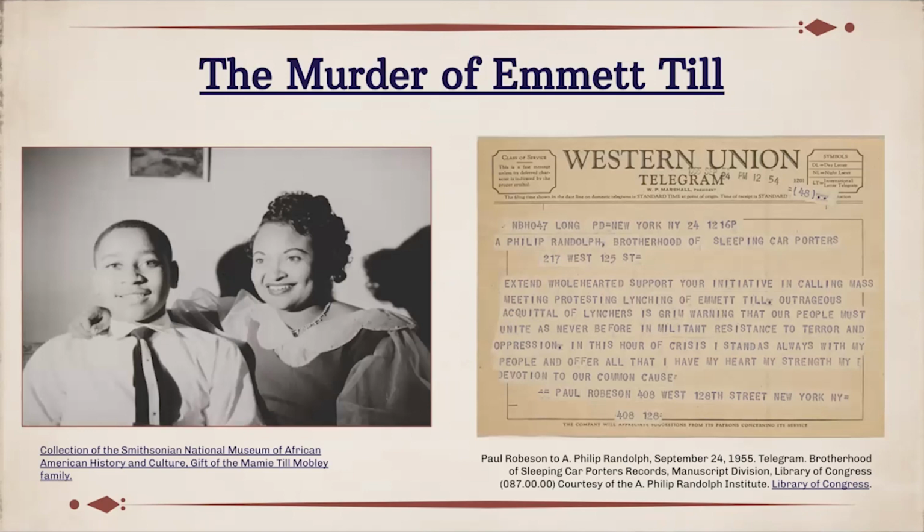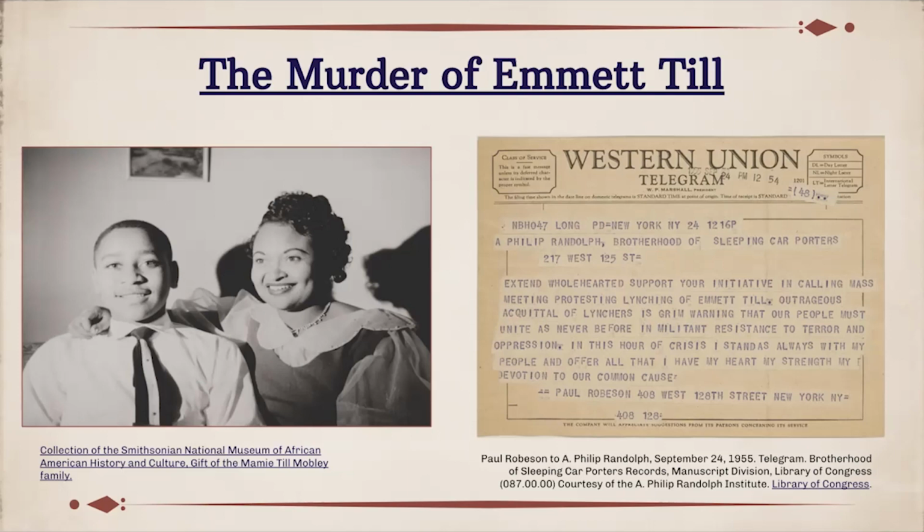Emmett Till was a 14-year-old kid from Chicago visiting family in Mississippi when he allegedly whistled at a white woman named Carolyn Bryant, and her husband and another man, J.W. Milam, abducted and murdered Emmett Till.